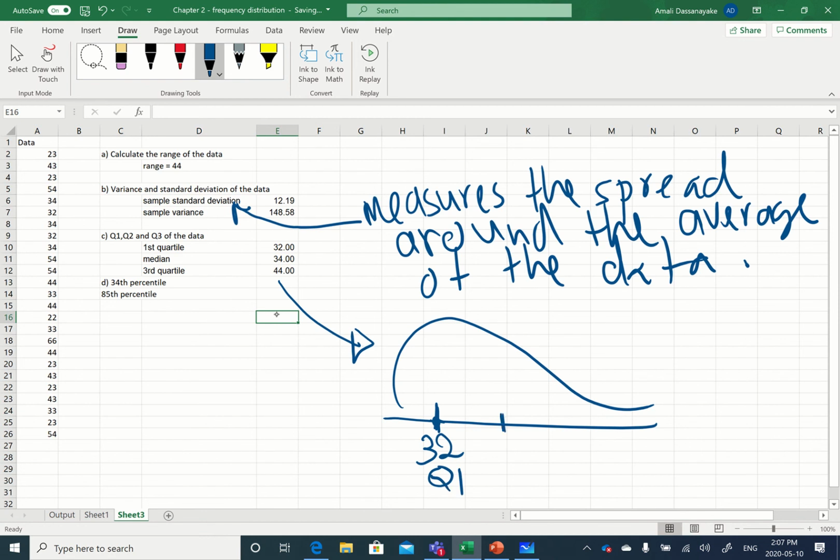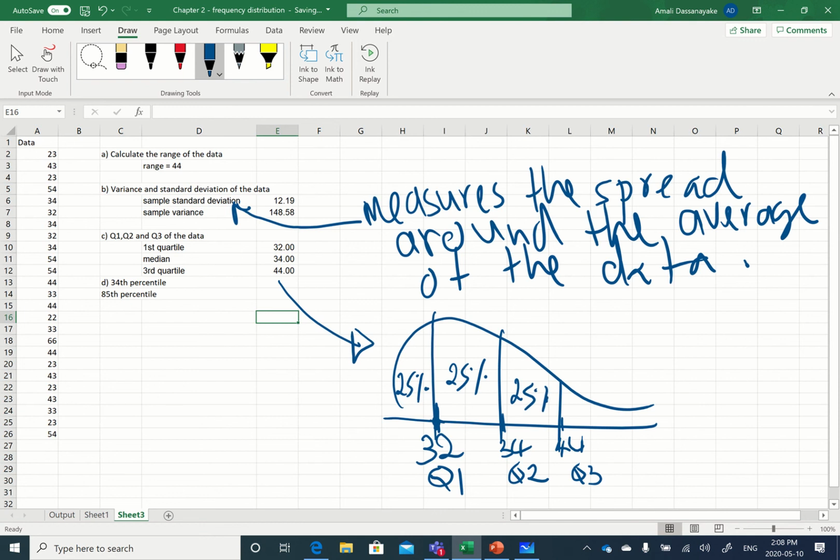And then second quartile, the median, 34. This is Q2. And then the third quartile is 44, Q3. Below 32, you have 25% of your data. Below 34, you have altogether 50% of your data. Below 44, altogether you have 75% of your data.